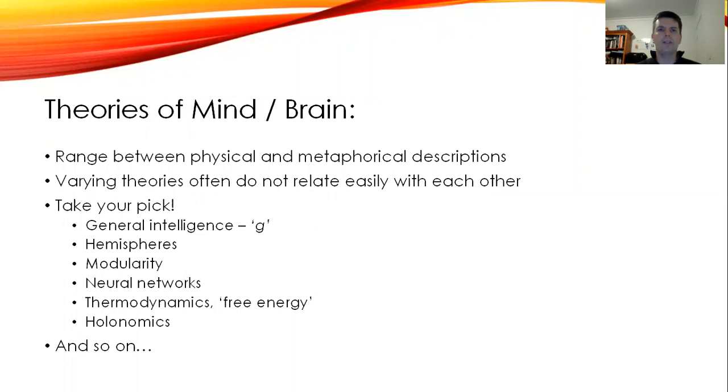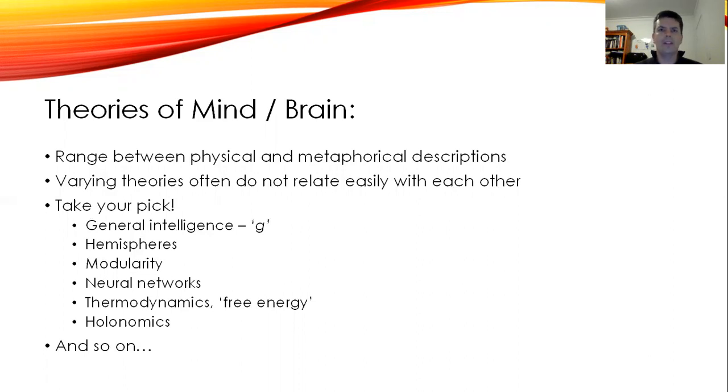When we look again at theories of the mind or theories of the brain, we see that these range quite broadly from biological and physical based definitions through to ideas which are quite creative and metaphorical in nature and don't seem to have a lot of grounding in the physical makeup of the brain.